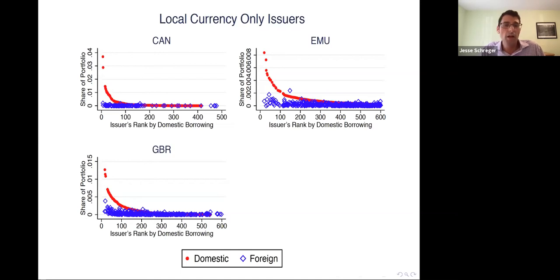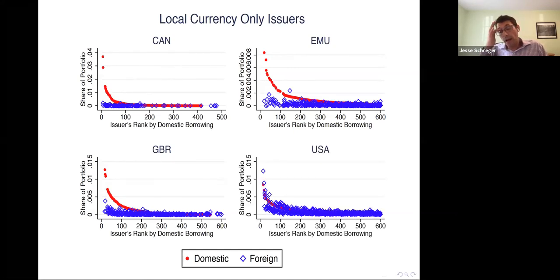In the lower left, we make the same picture for Great Britain. And again, there are plenty of firms that borrow only in British pounds that account for a large fraction of the UK's investment in itself, but they're nearly absent from foreign portfolios. In the bottom right, you can really see the sense in which the US is different. This is looking only at American firms that borrow only in dollars.